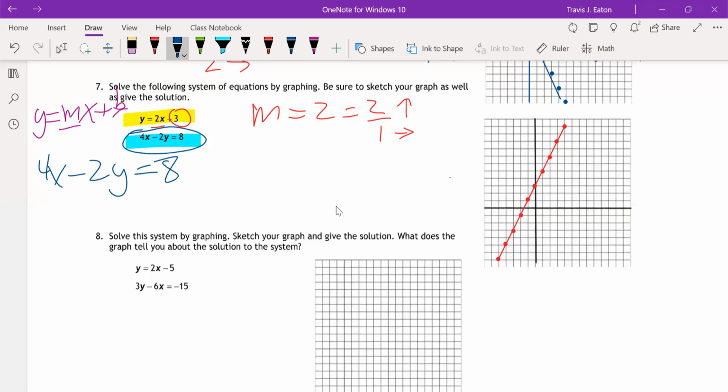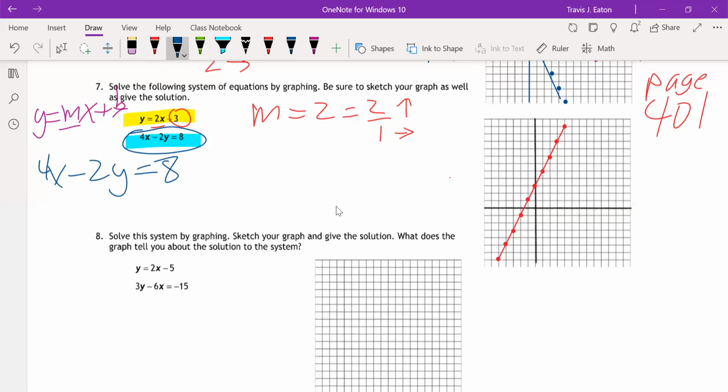Please make sure that you're following along in your math book for this one. If you're not sure of the page, number 7 is on page 401 in your math book.